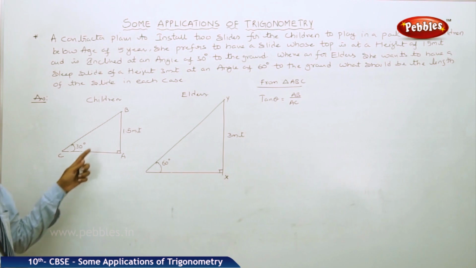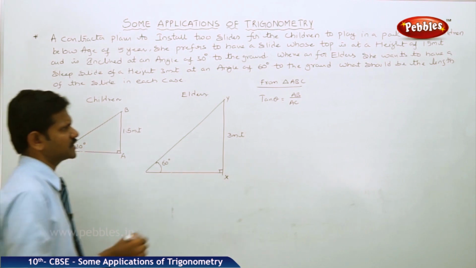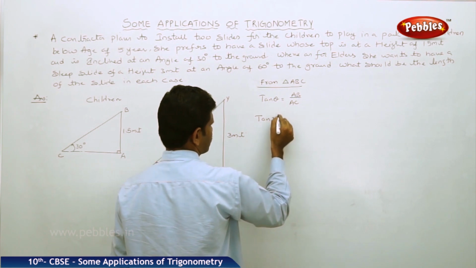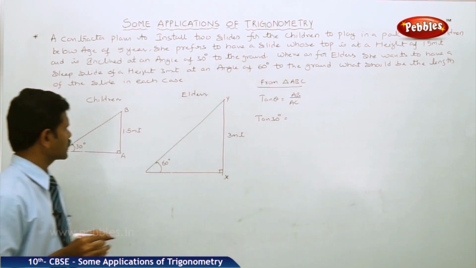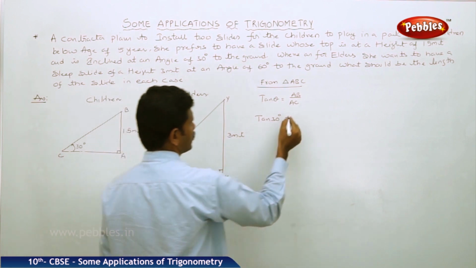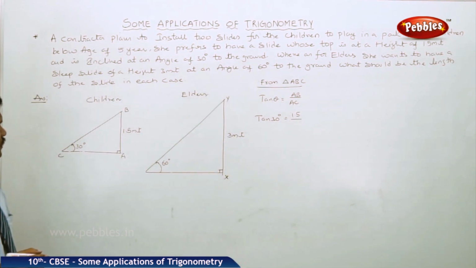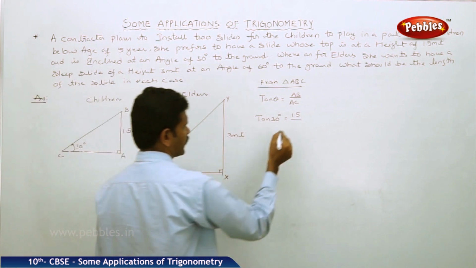Now, in the first case, theta is 30 degrees, that is, replace theta with 30 degrees. Tan 30 degrees is equal to AB 1.5 by AC, we have to find AC.